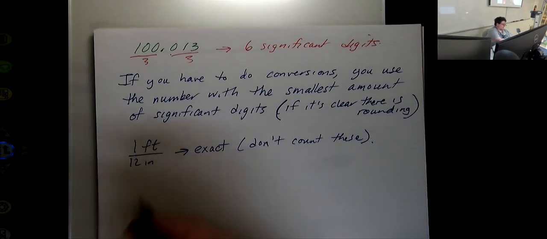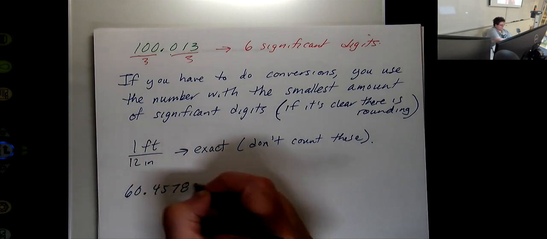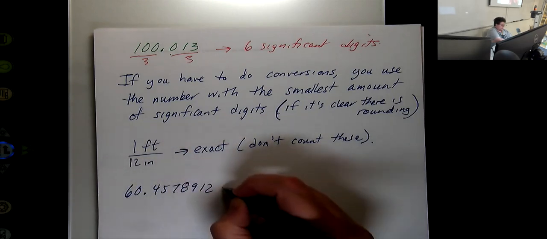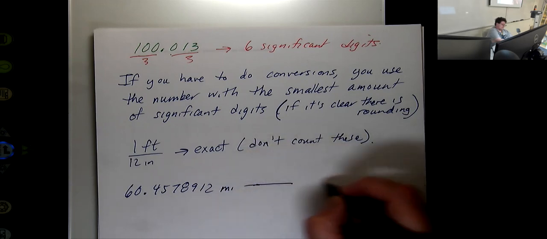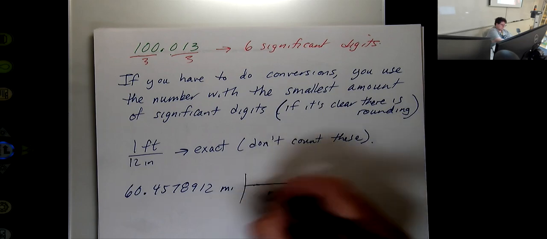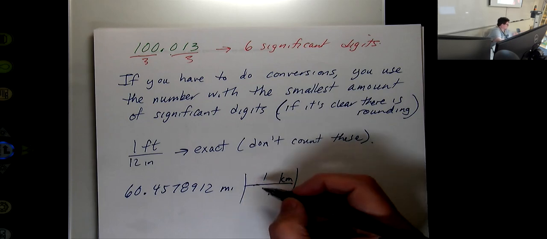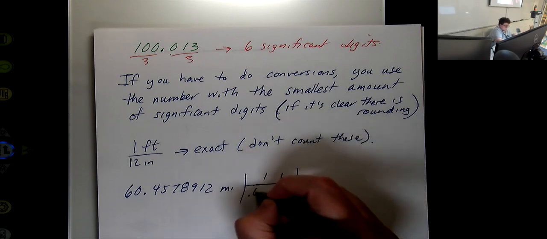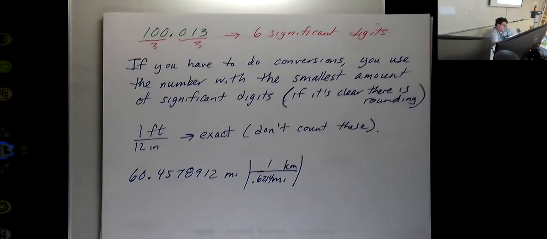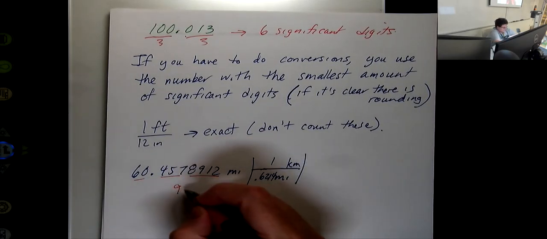But if I'm switching 60.4578912 miles to kilometers, and this was 0.6214, this has 9 sig figs.